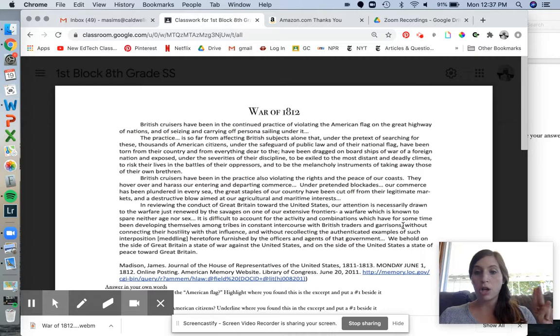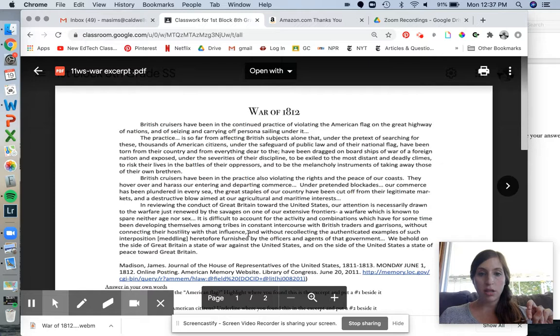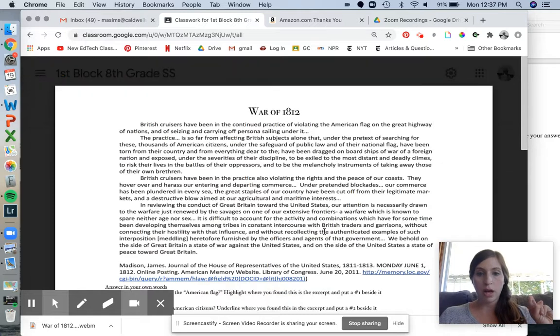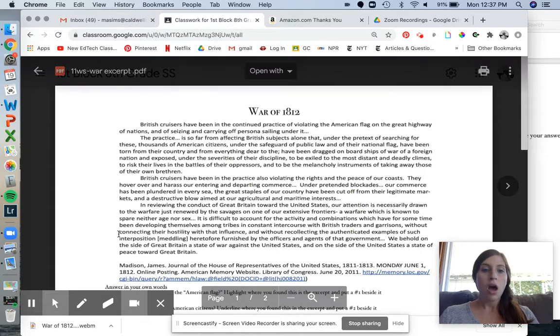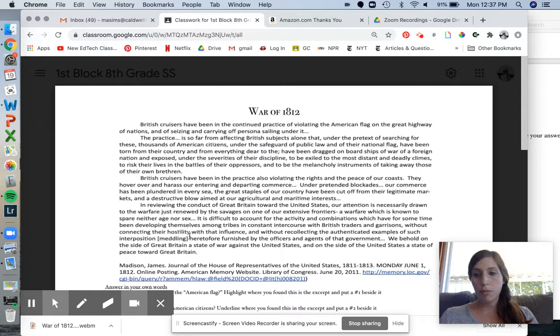So basically, he's putting all the blame on British traders and these British garrisons without connecting their hostility with that influence and without recollecting the authenticated examples of such impositions or meddling. So basically saying we have proof that the British have been involved, that the British have been meddling.